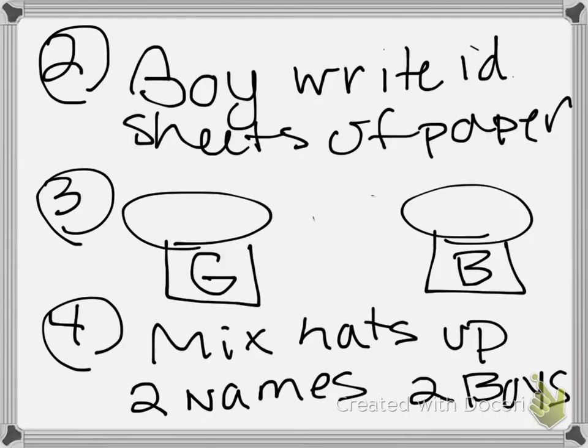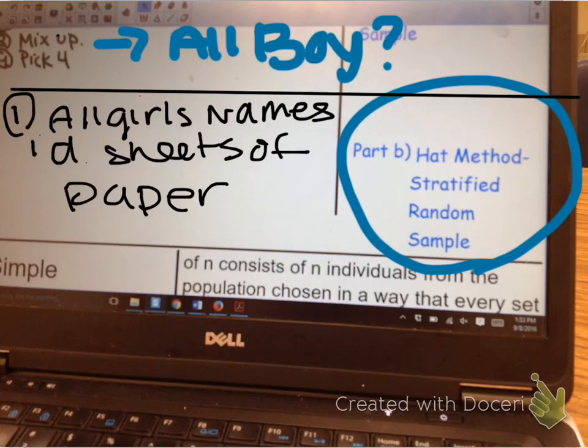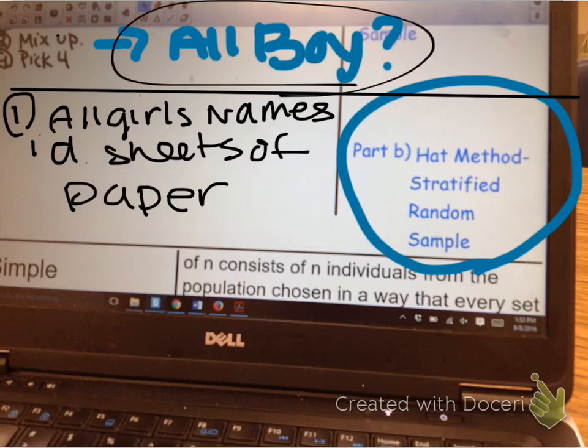Go back here. We want 4 examples. What if we do get all boys? We're not representing the girls then. So that's through a simple random sample. If we would get all boys, we'd say, that's not representative. Let's break it up and do the hat method, the Hunger Games. Then we can guarantee that we have some boys and some girls. I hope that makes sense.